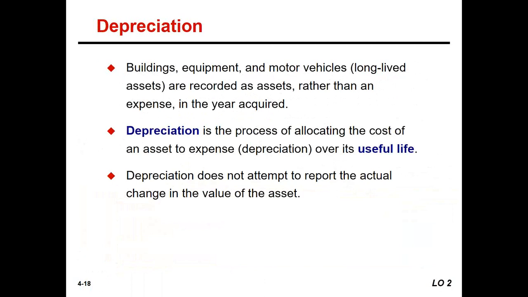We will use these fixed assets or capital assets for longer than 1 year. Some of them will be for 30, 40 years, but we will be using them for a longer period of time. So we record them as an asset. What's an asset? That's right, something we own of value.